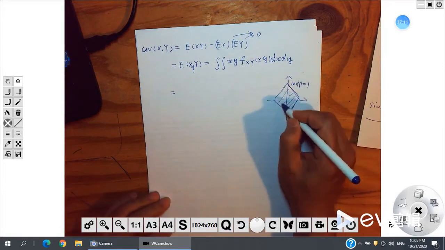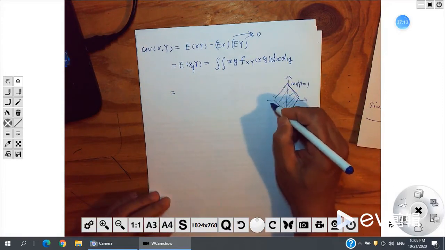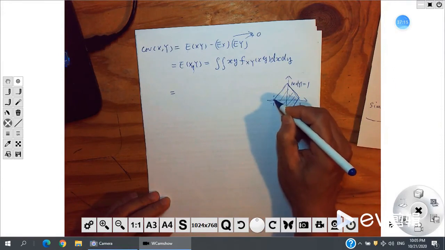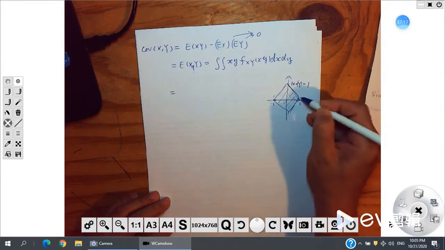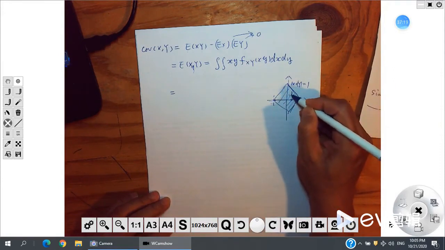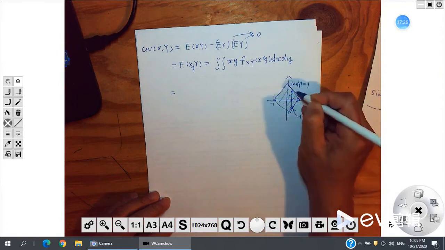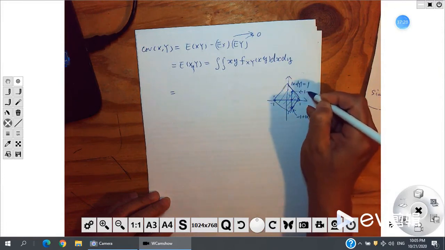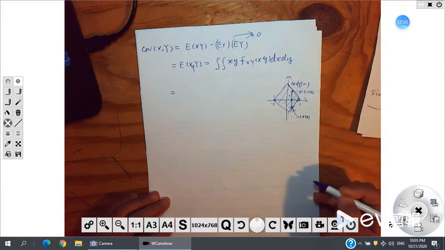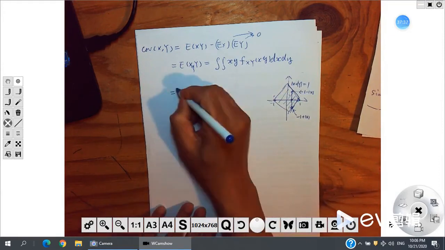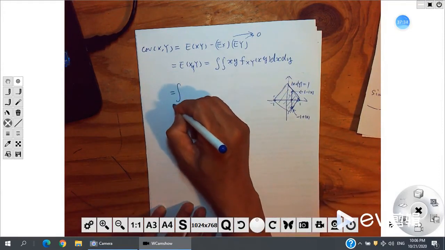So x will run from negative 1 to 1, and for every x, y will run from here to here. This is negative 1 plus absolute value of x, and this one is 1 minus absolute value of x. Okay, so it will be the integral with x running from negative 1 to 1.